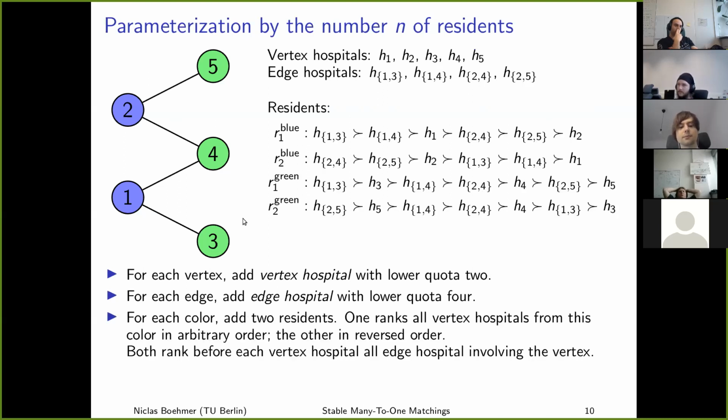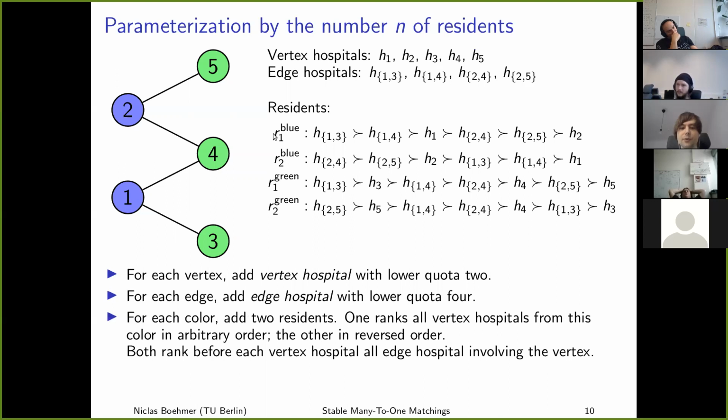So for each color, we add 2 residents. For the color blue, we have the residents R1 blue and R2 blue. And for green, we have R1 green and R2 green here in our example. One of the residents for each color ranks all vertex hospitals of this color in some arbitrary ordering, and the other one in the reversed order, where at the moment we don't care about the edge hospitals, so ignore the edge hospitals for the moment.